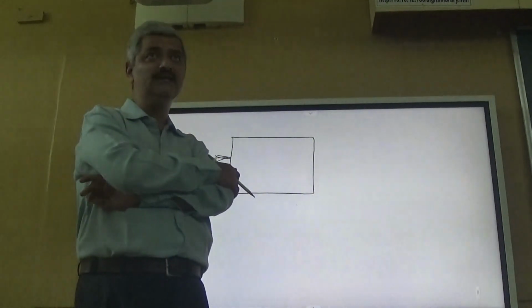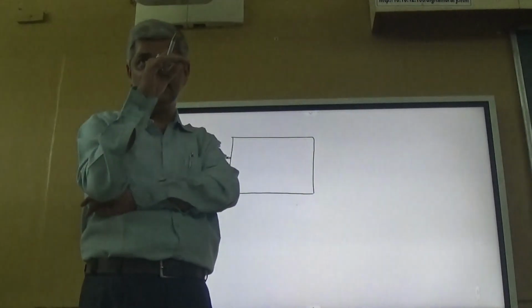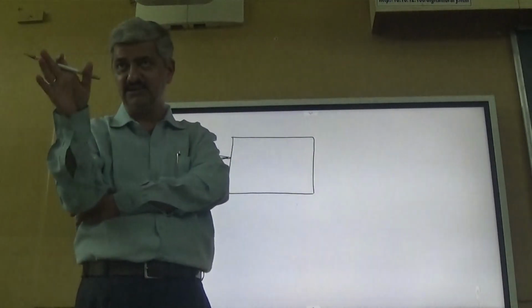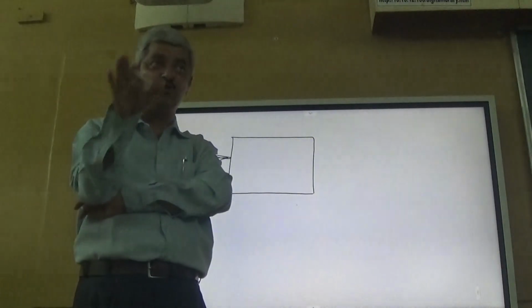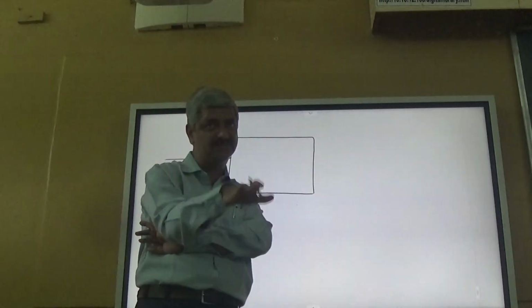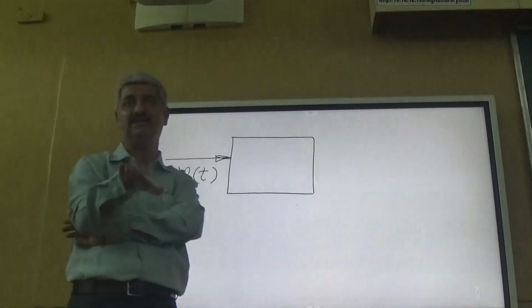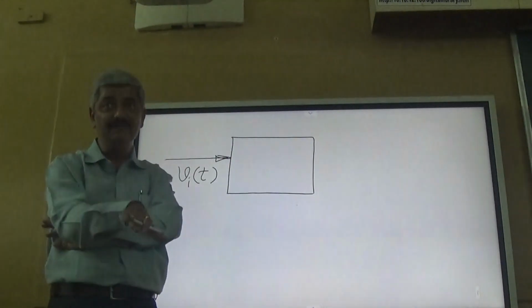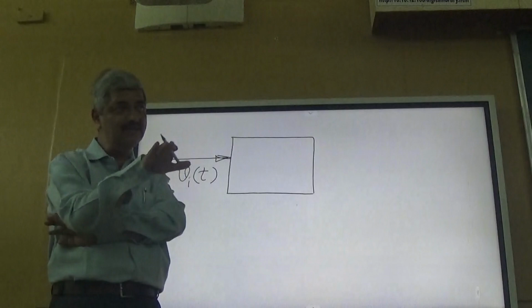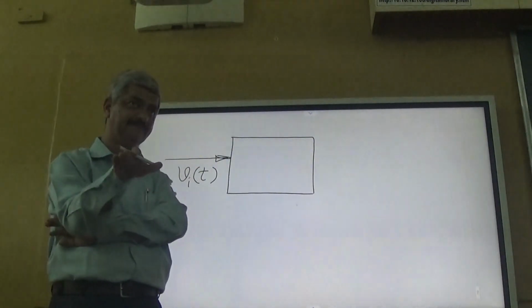The non-linear components we right now avoid. We restrict ourselves to linear systems. What do we mean by linear systems? All components which are part of the system have a linear relationship between voltage and current, or either of the derivative and another parameter.